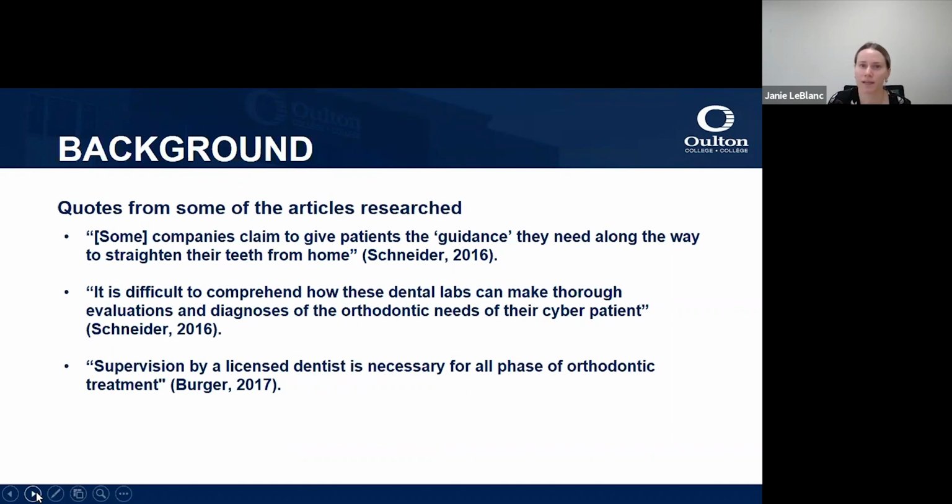The second one we found was: it is difficult to comprehend how these dental labs can make thorough evaluations and diagnoses of the orthodontic needs of their cyber patient. And the last one is: supervision by a licensed dentist is necessary for all phases of orthodontic treatment.